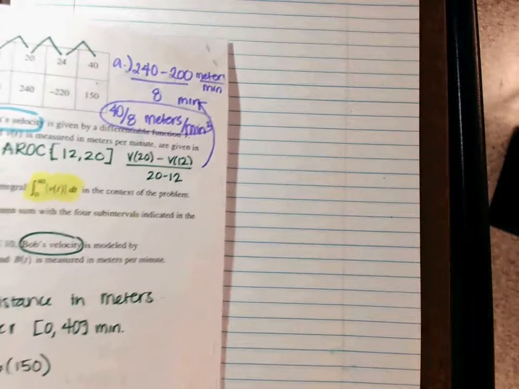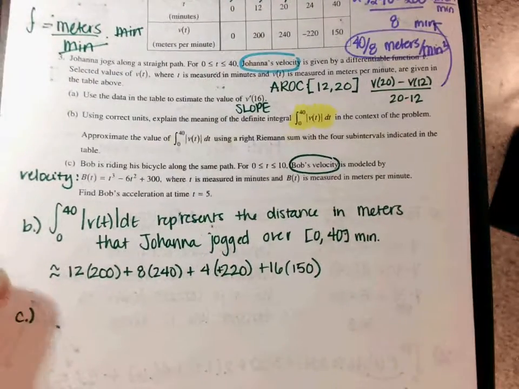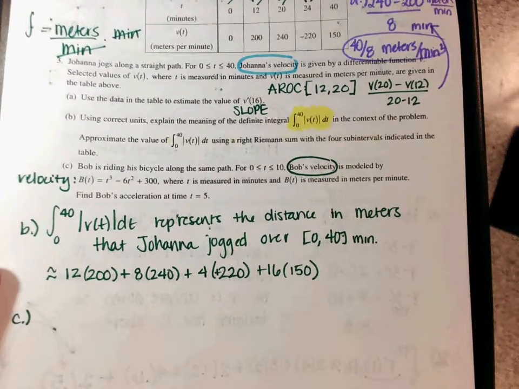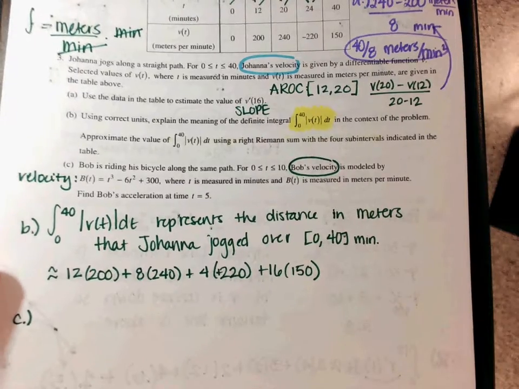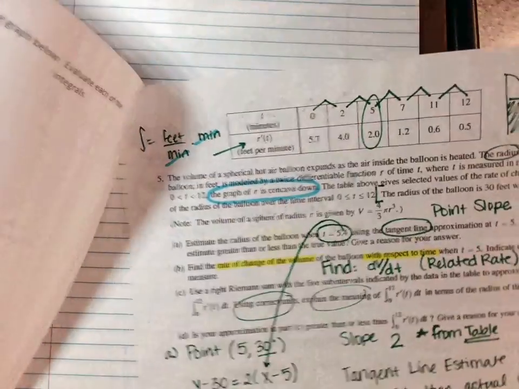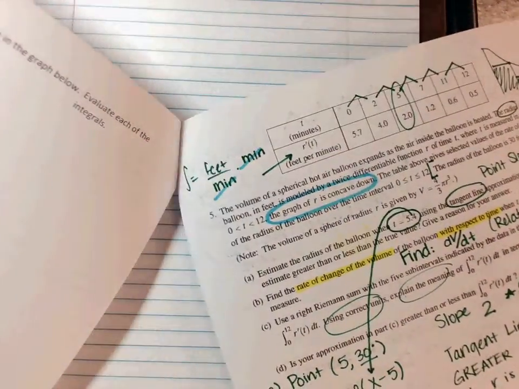I was just telling you what to do. You just take the derivative, and since it's a polynomial, it's not too hard. If I was going to pick one for you to do, which one? 31. Okay, take a look at 31.